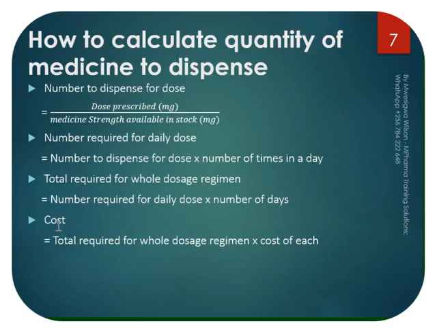And of course, the cost will be the total required to fill the quantity of drugs for the whole dose times the cost of each tablet or each bottle. However, in cost we have some drugs which are costed per pack. A pack of 24 costing this, a pack of 6 costing this, while others are costed per each tablet. So ensure you follow all those.